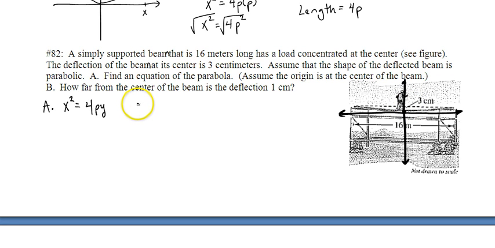And now we have x squared equals 4 times our p value times y. Well, to calculate the p-value, let me make that red for us. This point up here would be your focus point. So then, if this is in terms of meters, we should probably have this in terms of either make them both meters or both centimeters. That's really up to you.